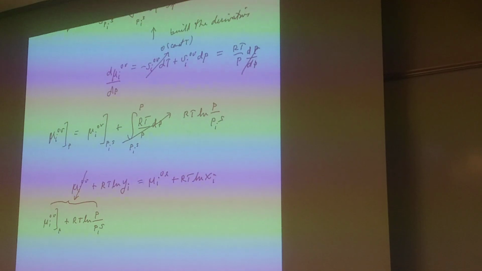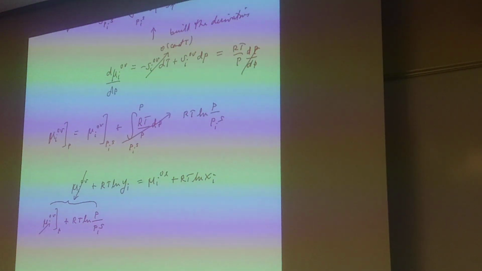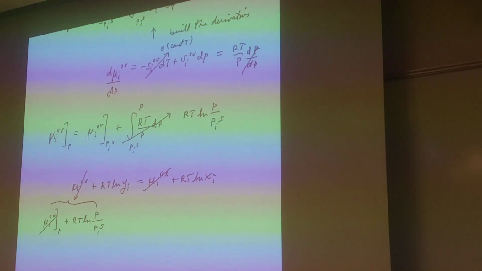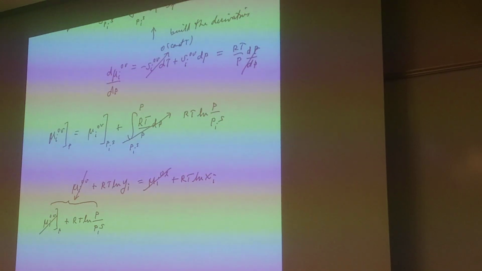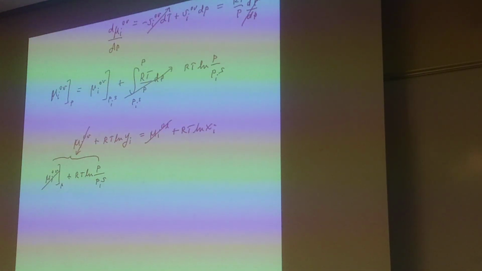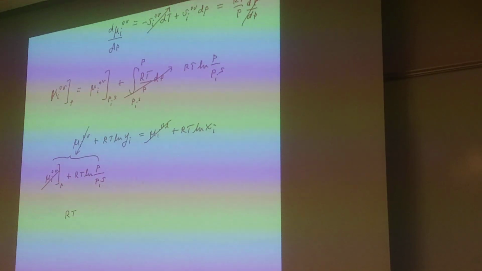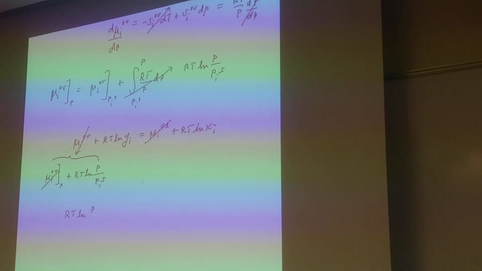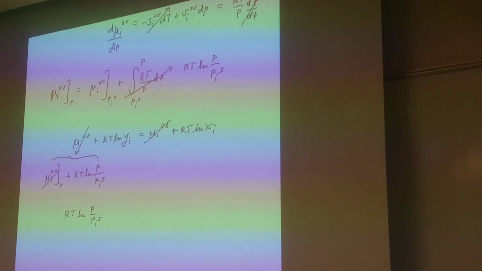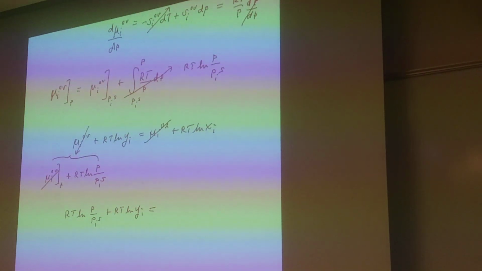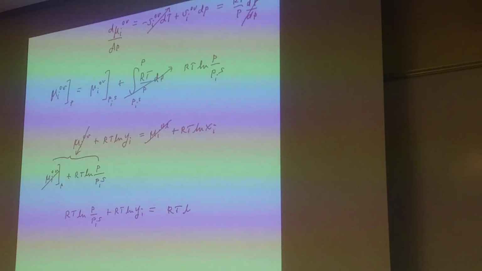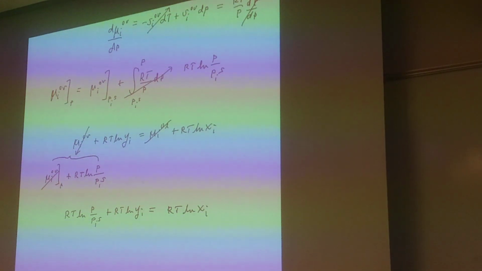I've now adjusted it. Now it's good because this vapor pressure, this chemical potential of the pure saturated vapor at P, cancels out with this pure component chemical potential for a liquid at that pressure P. So what I am left with is this.